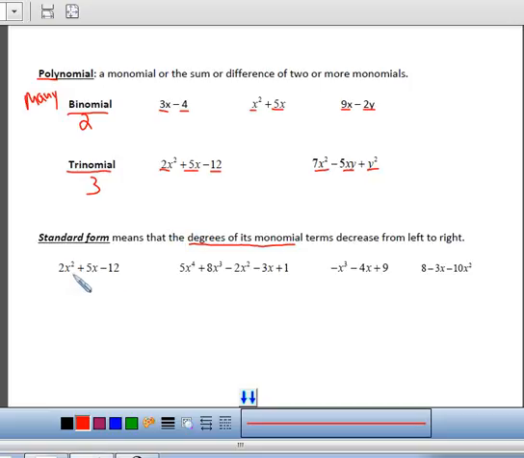But it has to do with the exponent. So this is a higher degree term, this is the next highest, and this is the lowest. Same with this one. This is a higher degree term, and it has to do with that exponent, and then the next one, and the next one, on down.